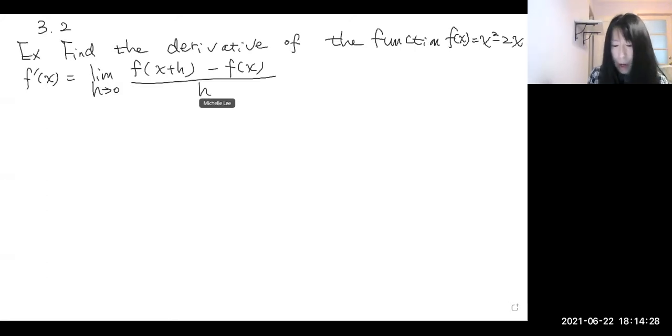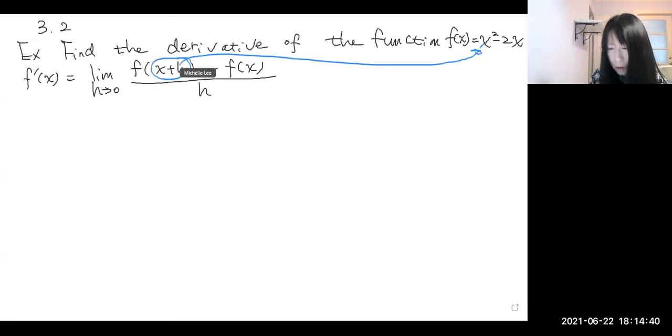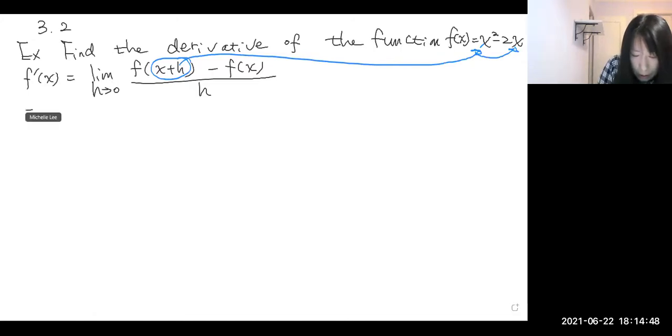Okay, now x plus h, we're going to plug into the function. More specifically, we're going to substitute x plus h into the variable x. All right. Okay, so let us do this one.